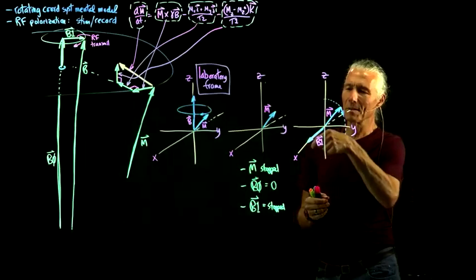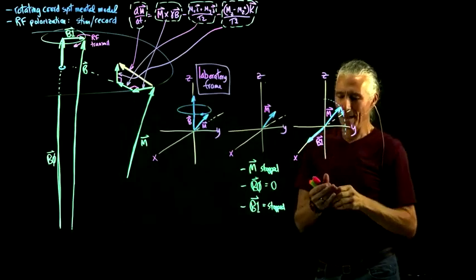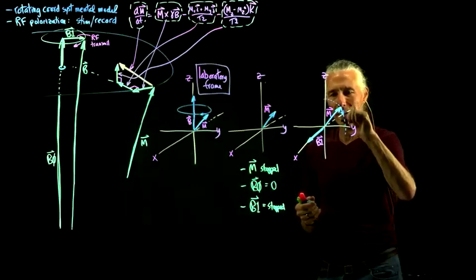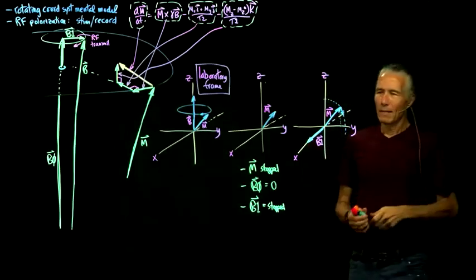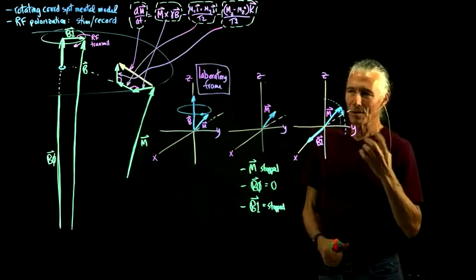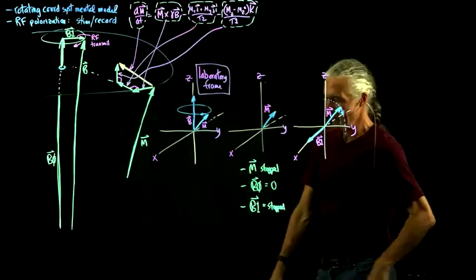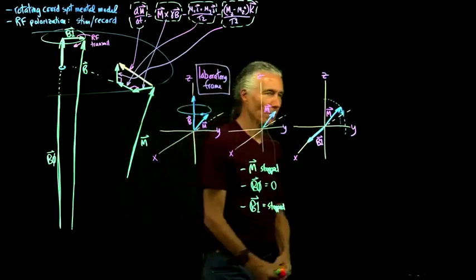So the direction that it points along the xy plane. Say this m vector happened to be right over the y-axis. That reflects a certain phase of the rotation. And what is the phase of the rotation? It requires that we define what time t equals 0 is.